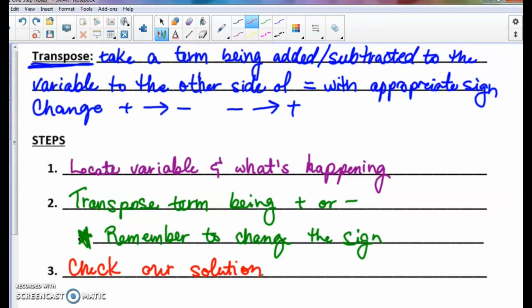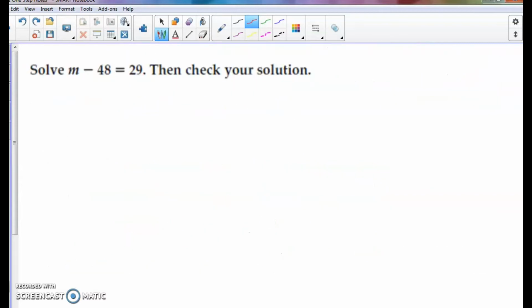Alright, so let's see some examples of solving for a variable by transposing. Example 1, we are asked to solve m minus 48 equals 29 and check our solution. First, we see our variable on the left side of the equal sign. He's subtracting 48.